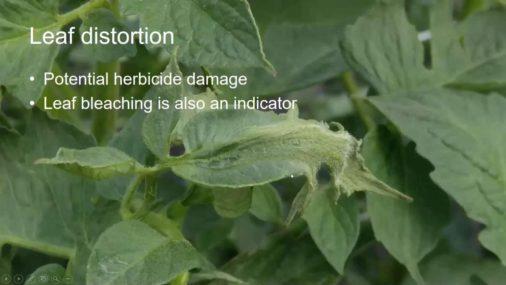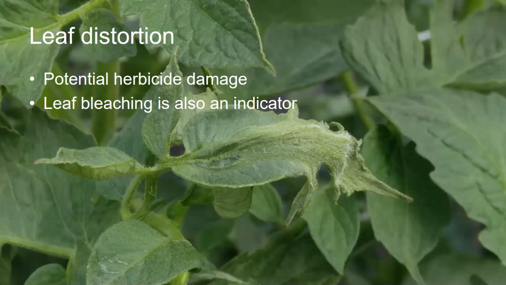We also often see leaf distortions that come in, and people will come in and they'll say, my plant just doesn't look right. And a lot of times this is due to herbicide damage. It's due from drift. And they may be like, well, I didn't spray anything. Well, they may not have sprayed anything, but a neighbor may have.